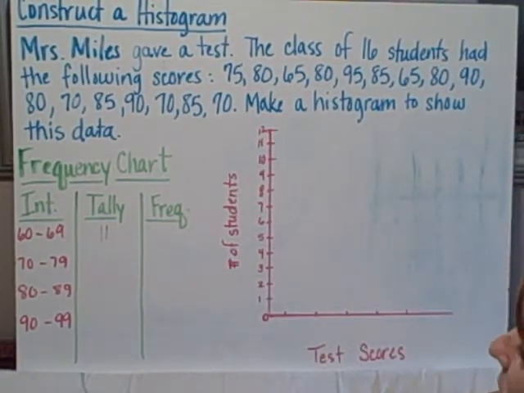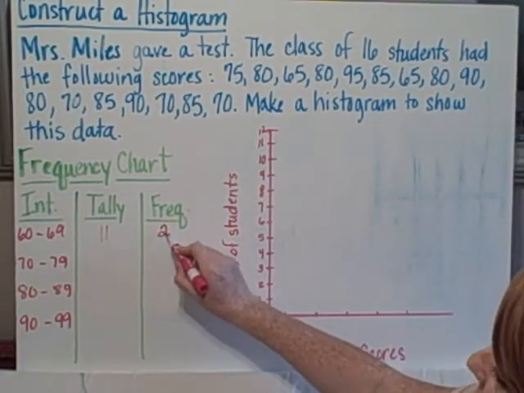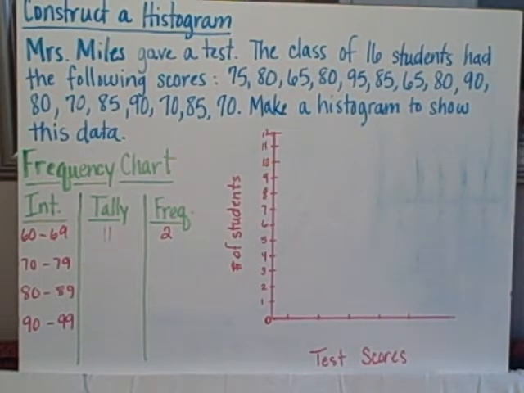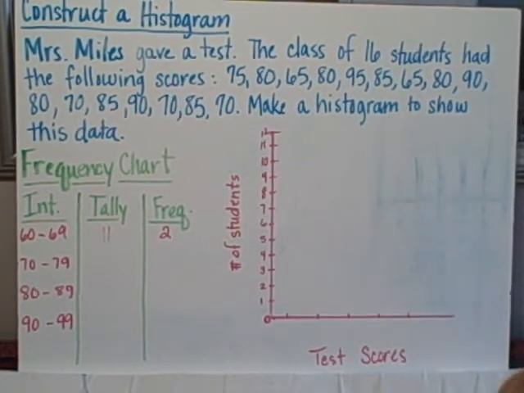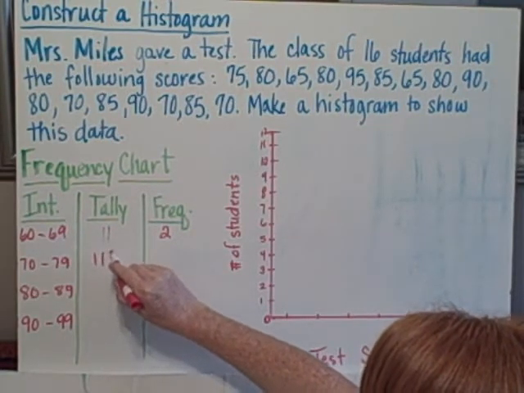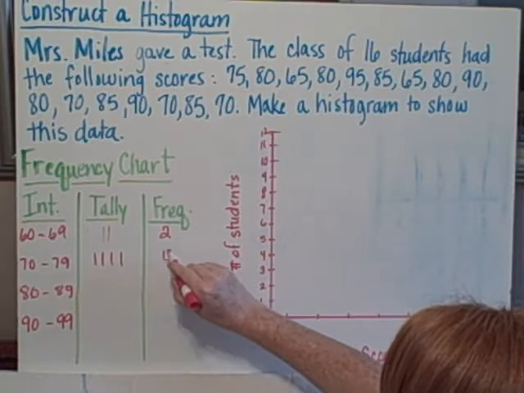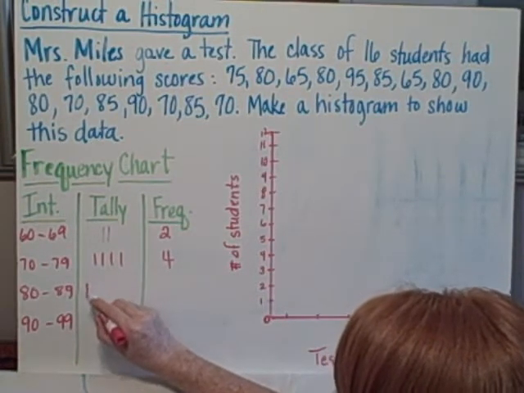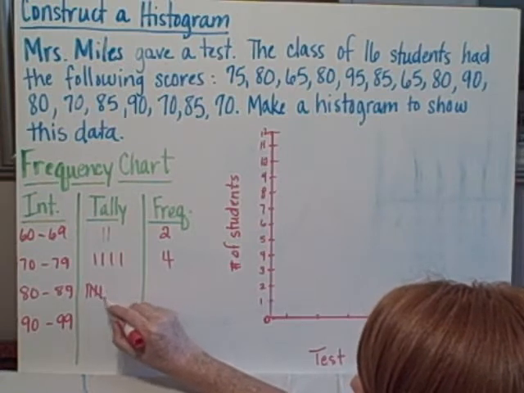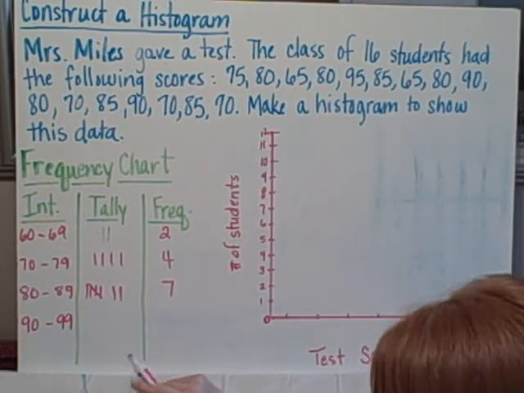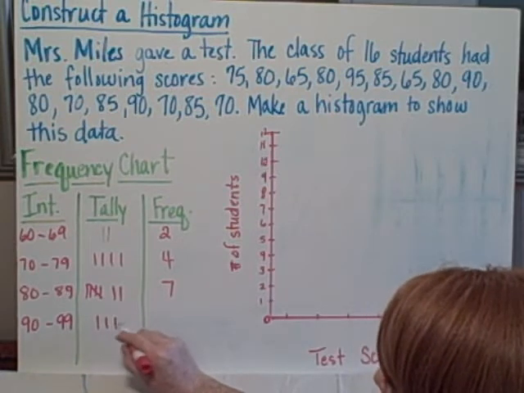Then we're going to write it out in number form here, which just makes it a little easier when we start drawing our histogram. For 70 to 79, there are 4. 80 to 89, there are 7. And 90 to 99, there are 3.